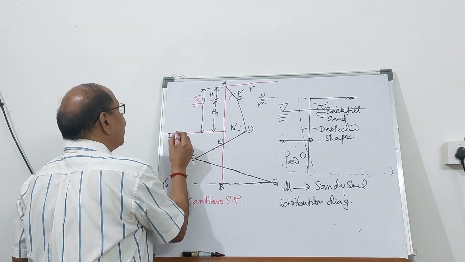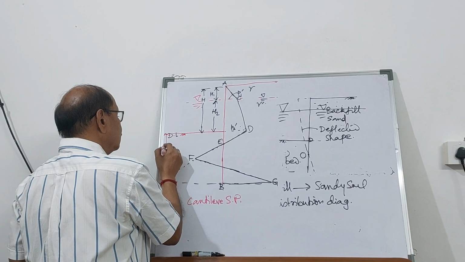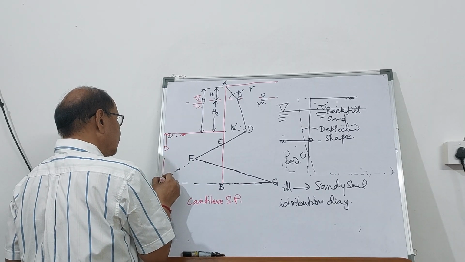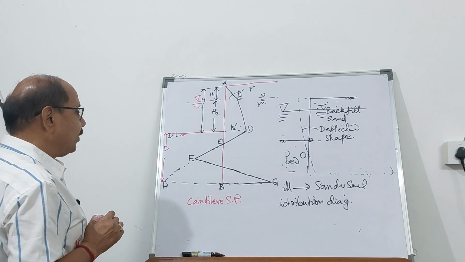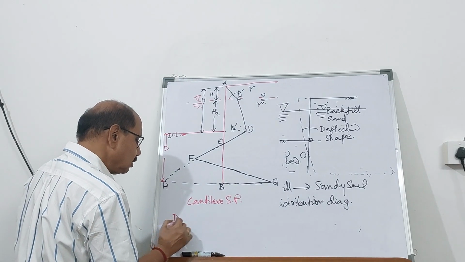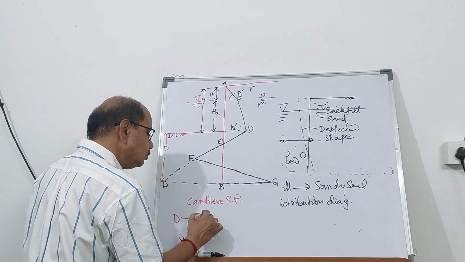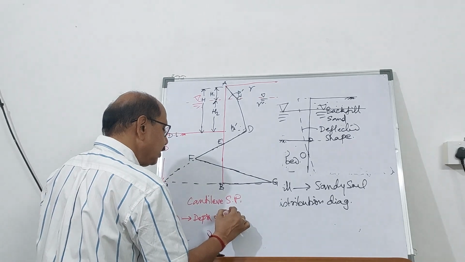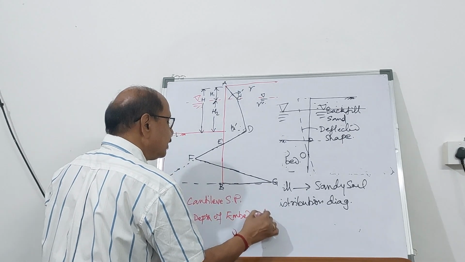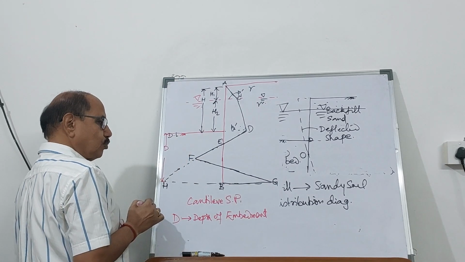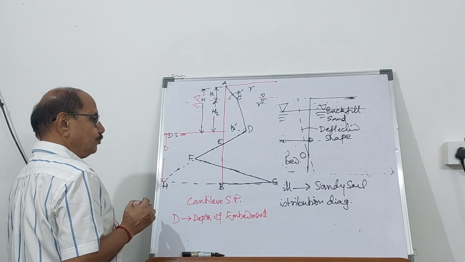So from the dredge line up to the bottom, this is going to be up to here. It is going to be the depth of embedment below the dredge line up to the bottommost point of the sheet pile, right?